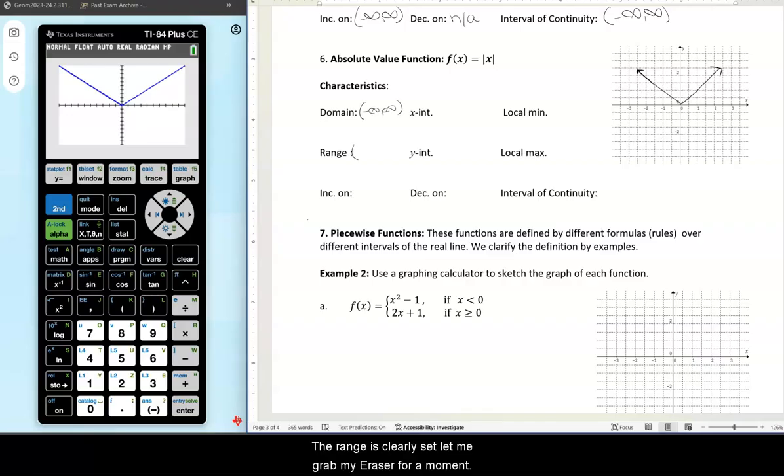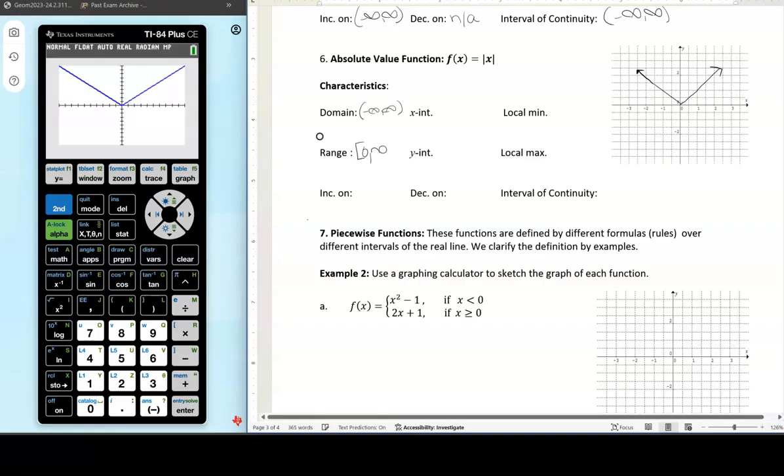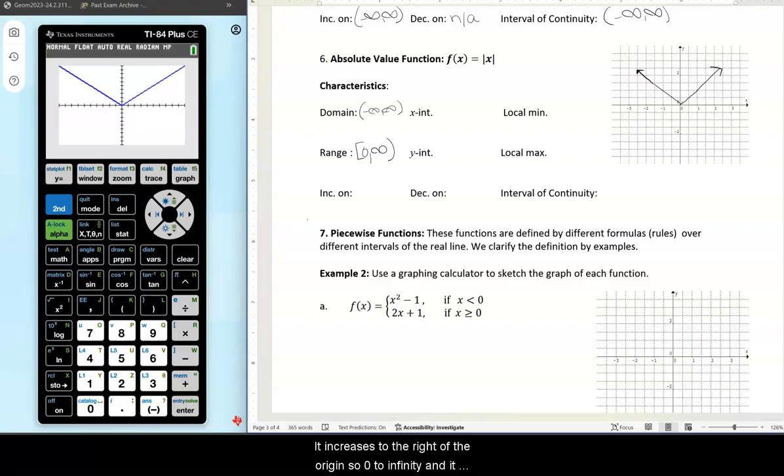The range is clearly set. Let me grab my eraser for a moment. The range, the y values moving up the y-axis. The range starts at 0, goes to infinity. It increases to the right of the origin, so 0 to infinity, and it decreases to the left of the origin, so negative infinity to 0.